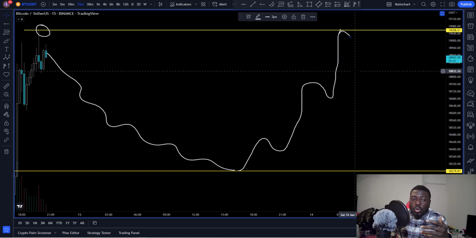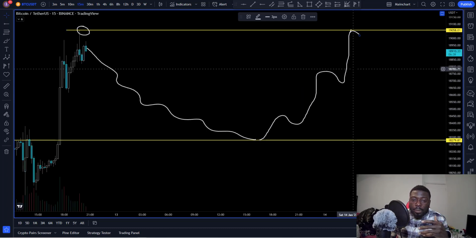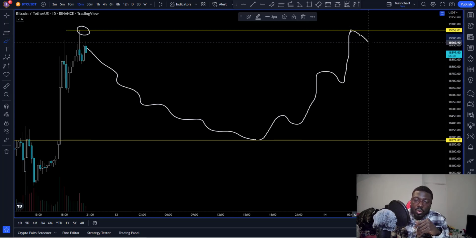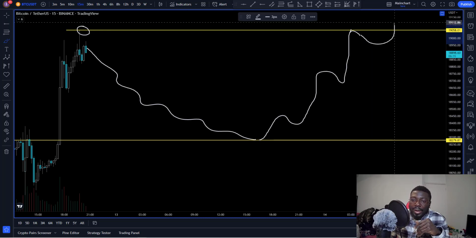So always when you see this, do not be in a haste or FOMO into jumping on the market, because this is when you are going to be trapped. What will happen is that after the market makes this particular low, we are going to see another move that will come back here and take out this particular high.